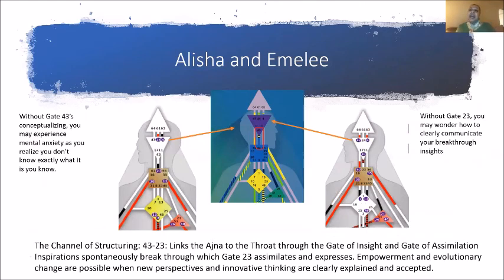Together, we create that channel, and by creating that channel, we also create a defined ajna, which operates differently than we normally operate when we're on our own. It creates the channel of structuring, and it's about inspirations and spontaneous breakthroughs and empowerment and evolutionary change.